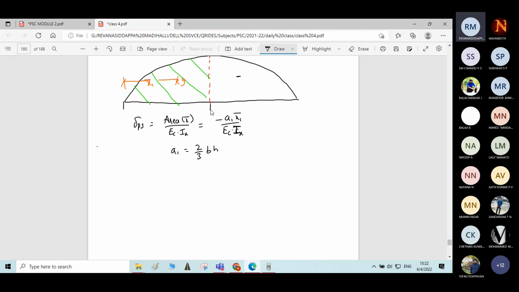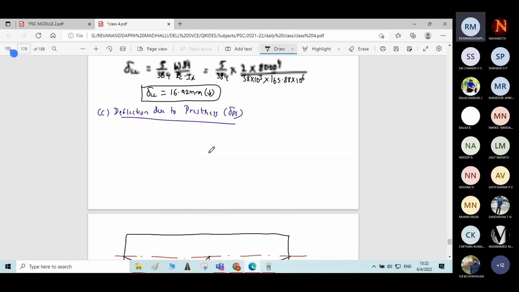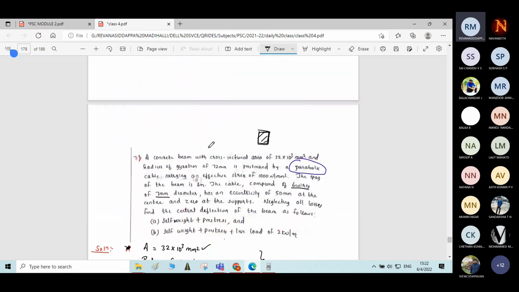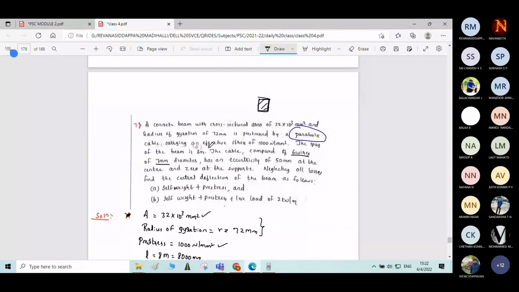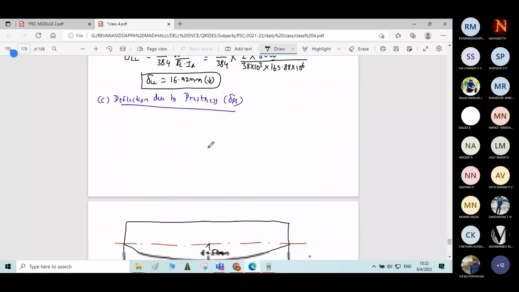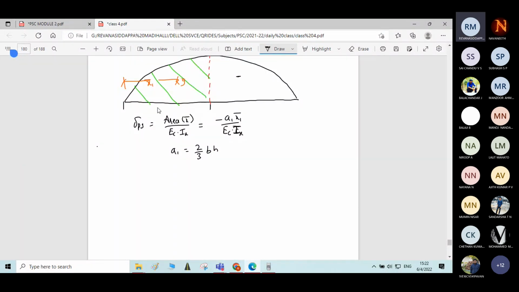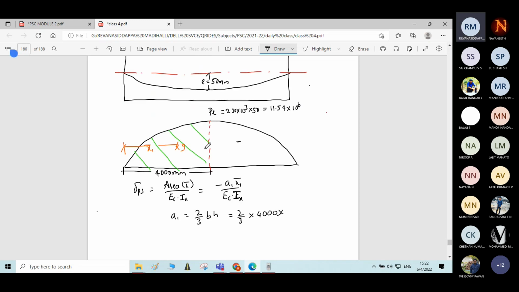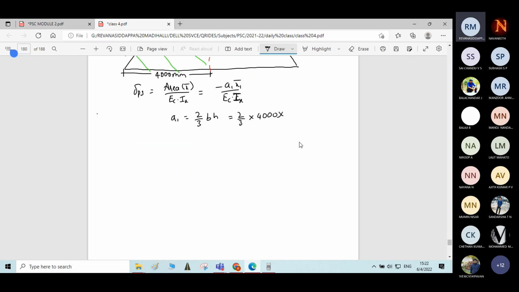Base width: total length of the beam is 8 meter, half of 8 meter is 4 meter, nothing but 4000 mm. So 2/3 of 4000 into height 11.54 into 10 power 6.